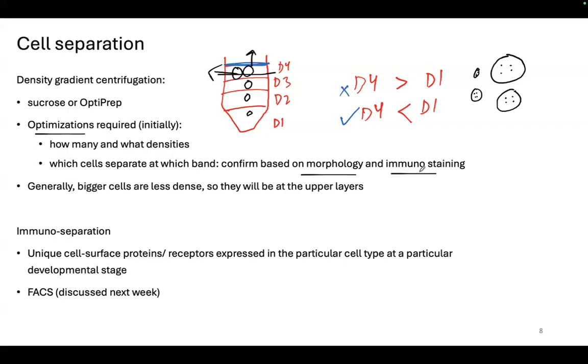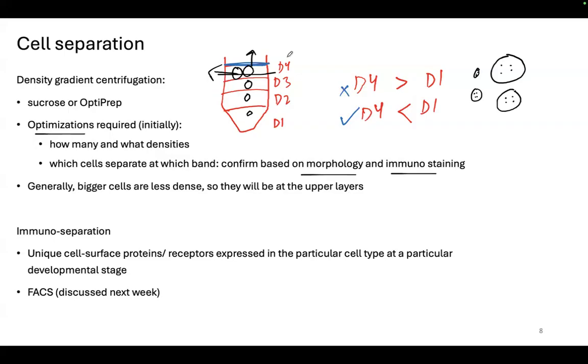Then you can say that, okay, in my lower layer, I saw A. In my upper layer, I saw both A and B. So maybe the top layer is not a perfect separation, because I could find both of these markers there. The other marker should not have been there, okay? But if you find A in one layer and B in the other layer, then you're good to go.